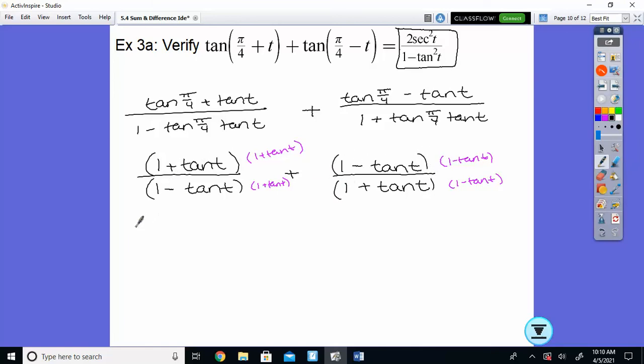So if we start foiling, I get 1 plus tangent t plus tangent t is 2 tangent t. Tangent t times tangent t is tangent squared t. On the bottom we get 1 minus tangent squared t.